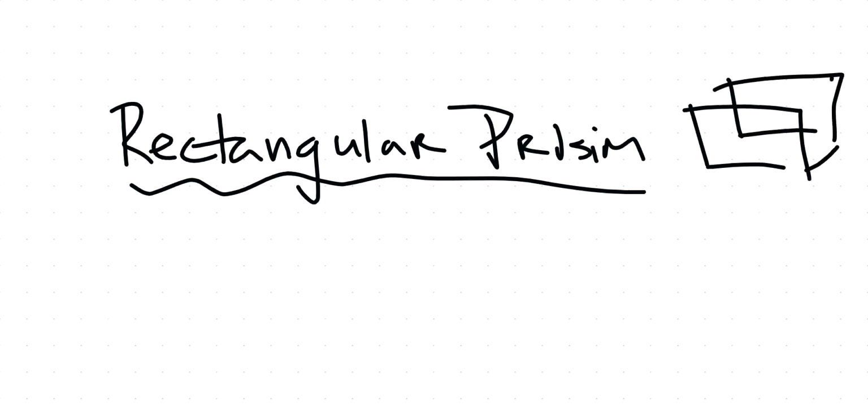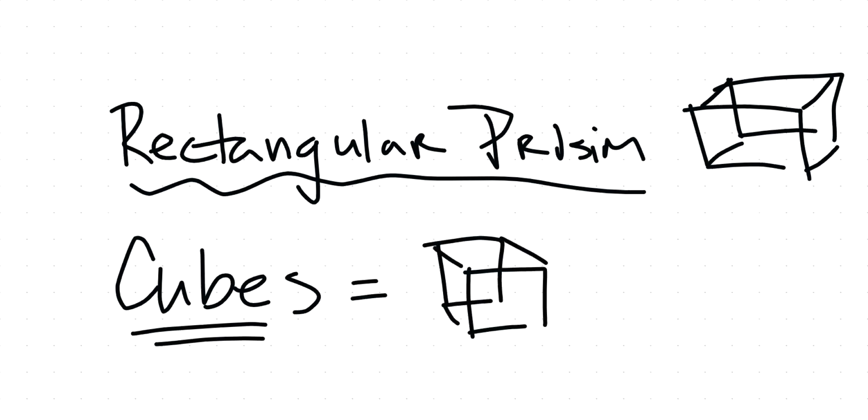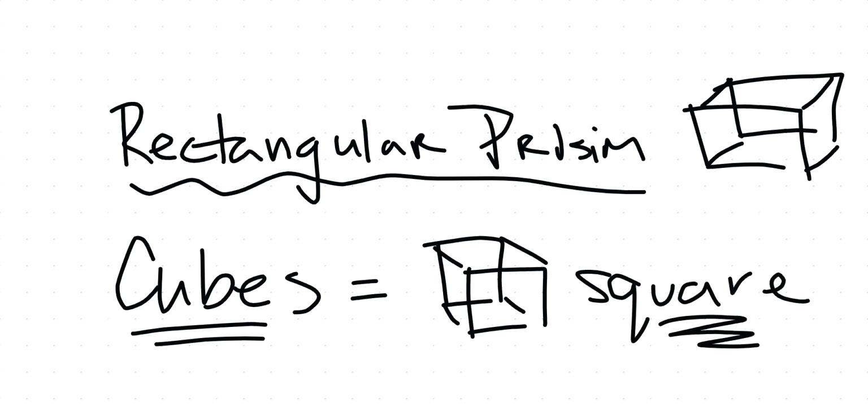And we're also going to focus on cubes, which is just a three-dimensional square. That's really all we need to think about. But of course, we're going to unpack that and go back to where this all starts. It all starts with that concept of a base.